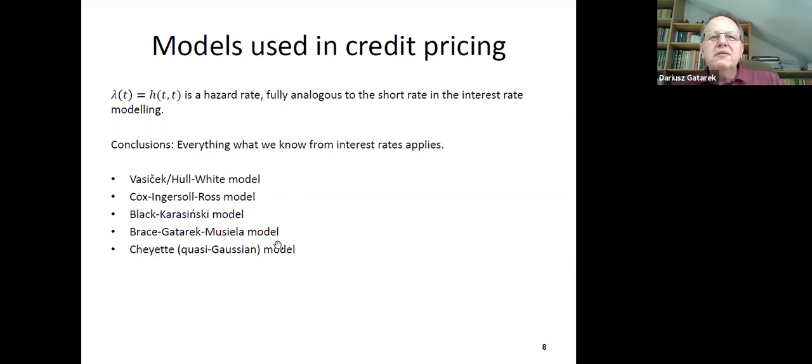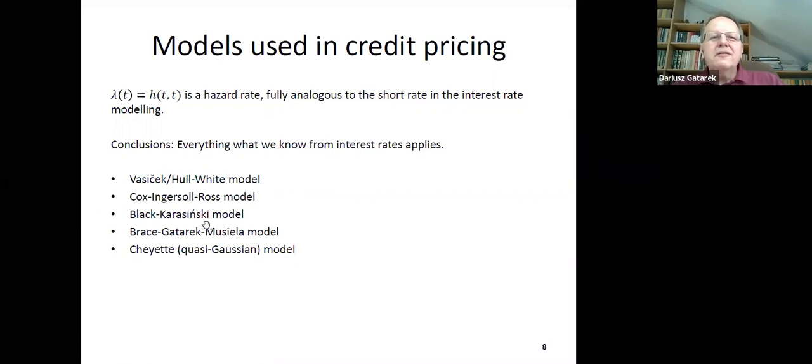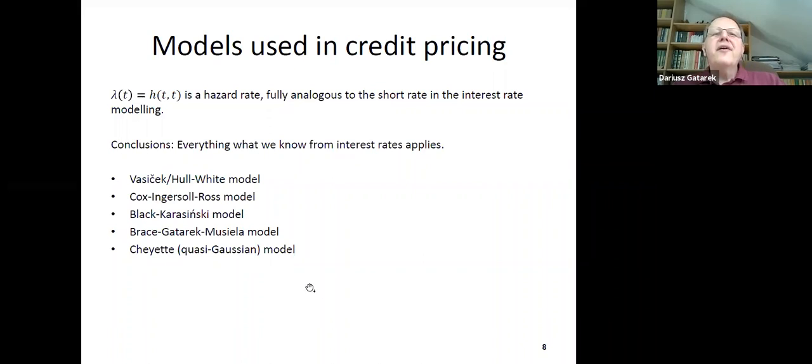So BGM is quite often used. Cox-Ingersoll-Ross, Black-Karasiński, Cheyette model, yes. And one of my lies here was that about the Hull-White model, because we may imagine negative interest rates. But of course, probabilities rarely exceed 1.